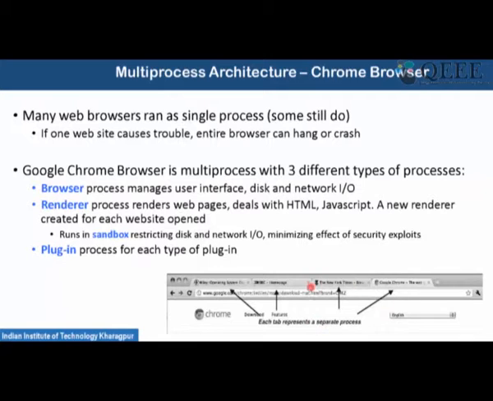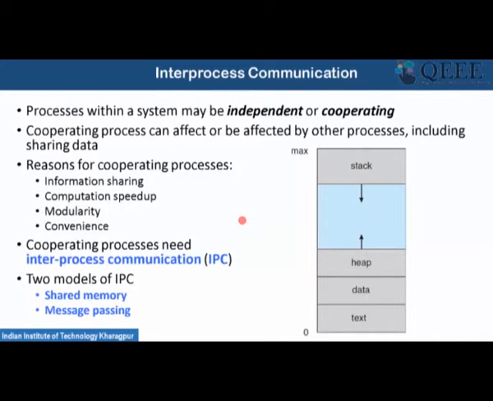In a modern browser, you can have multiple such tabs, and each tab is actually a separate process. That way the Chrome application is a kind of multiprocess architecture. Whenever you open a new tab, it creates a new process.